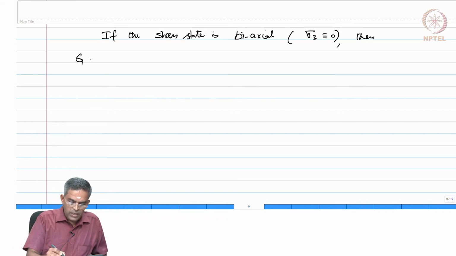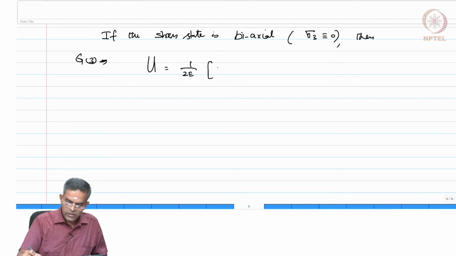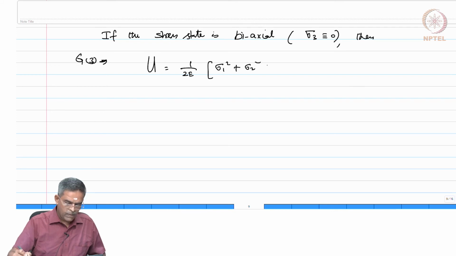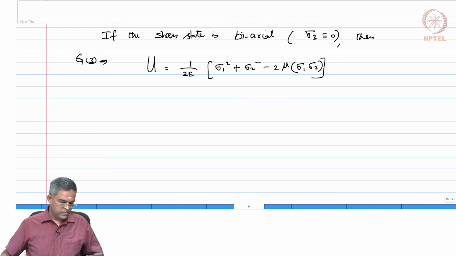Then equation 3 will become U equals 1 by 2E of sigma 1 square plus sigma 2 square minus 2 mu of sigma 1 sigma 2. Is it not? It is very obvious. Let us call this equation number 4.